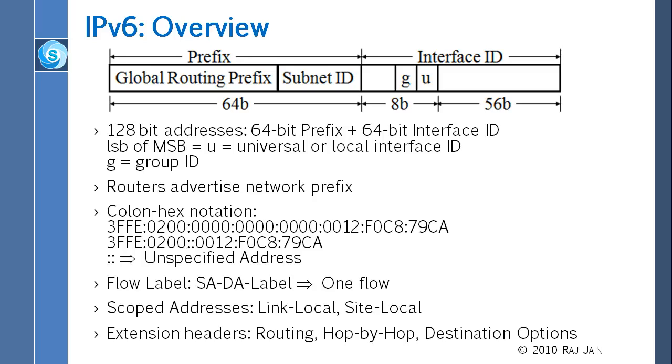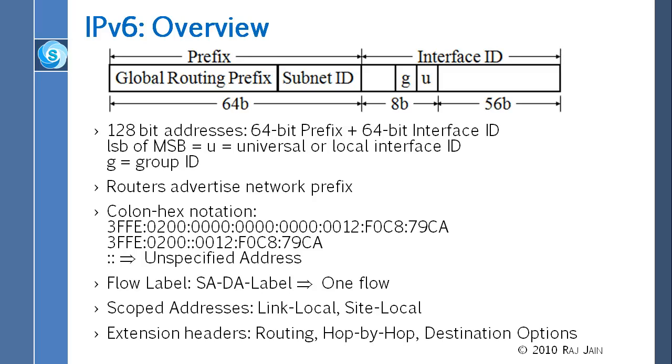You combine these 256 plus 16 bits, and that combination indicates a flow. A flow is something like a TCP connection and some kind of application or group of applications. And so rather than looking into the port numbers as we do in IPv4 to find out what application it is, you can use just the flow label to determine a flow.